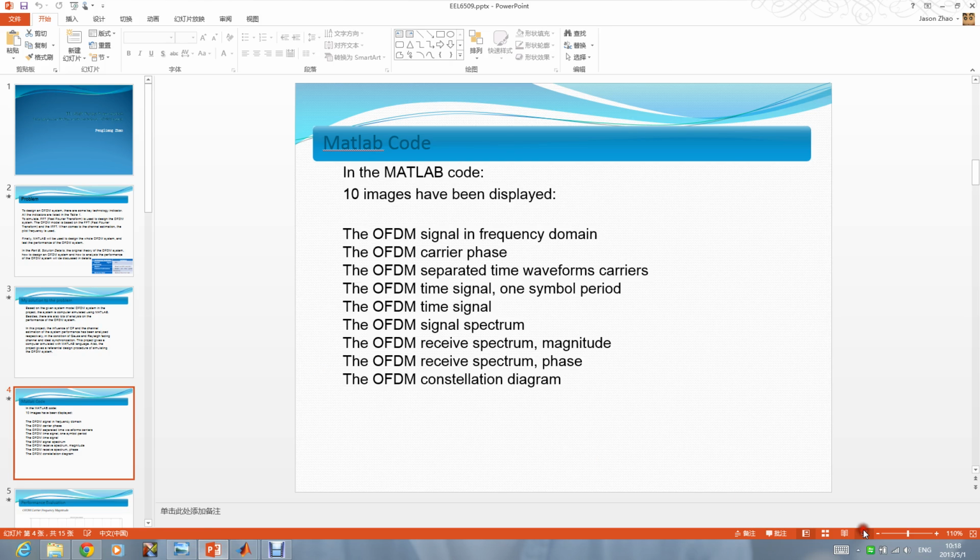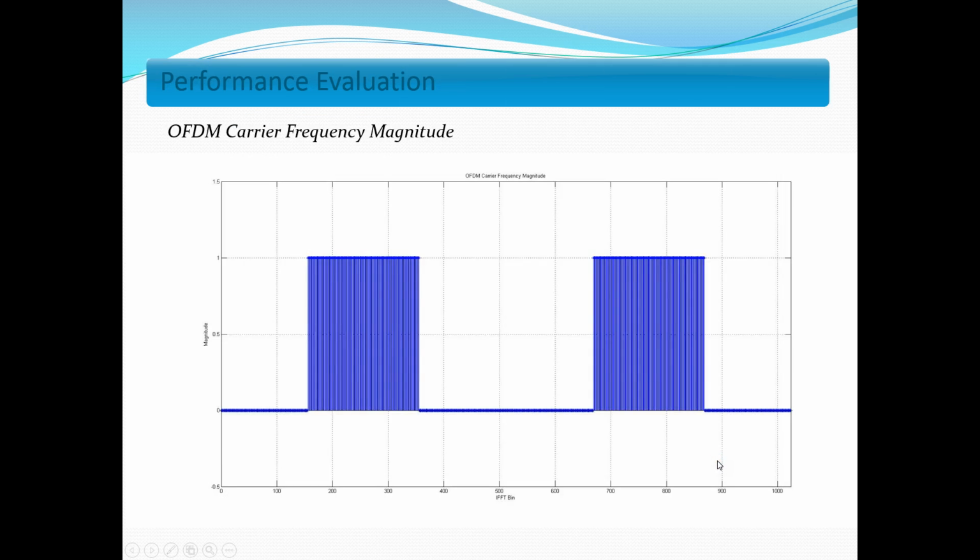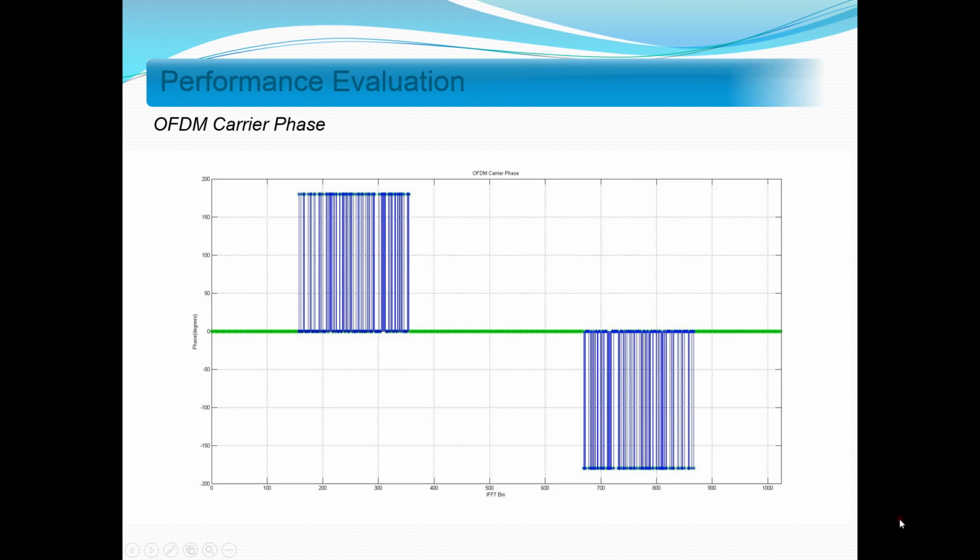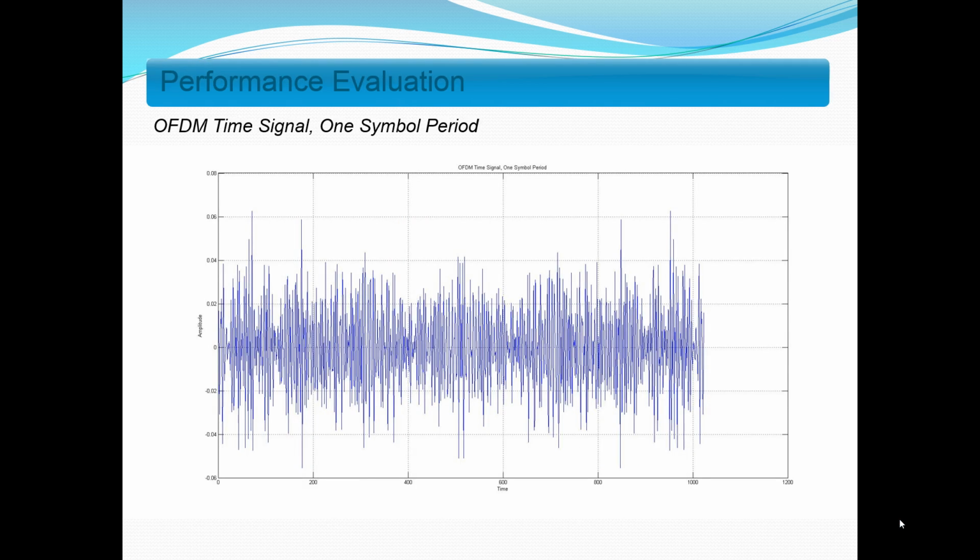And we're back to the PPT, and here is the first image, the OFDM carrier frequency magnitude, and these images are about the carrier waveform. And the second, the OFDM carrier phase. Third, we can see the OFDM time signal, one sample period.